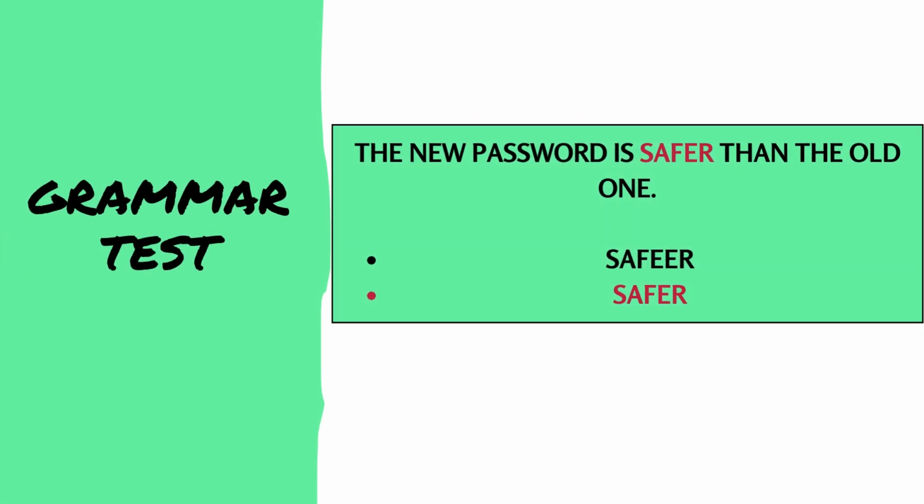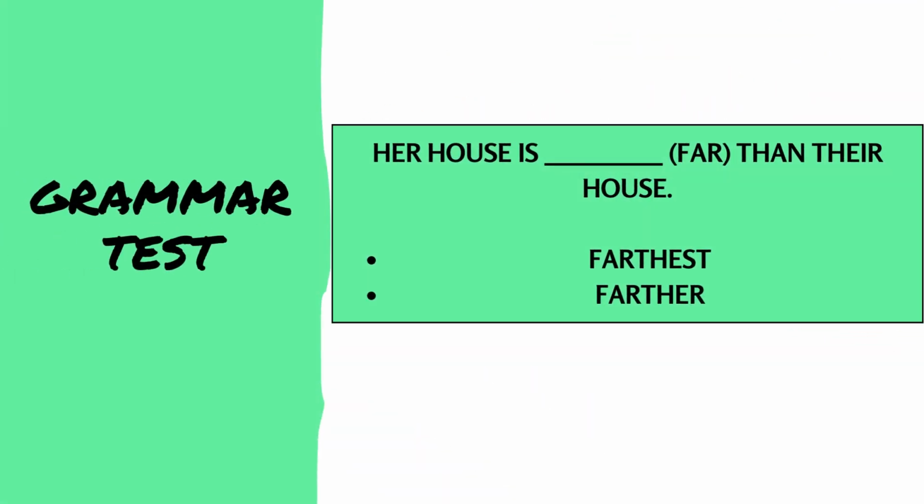The correct answer is, the new password is safer than the old one with one E, because the adjective safe ends in the letter E. That's why you need only to add the letter R. Safe, safer.